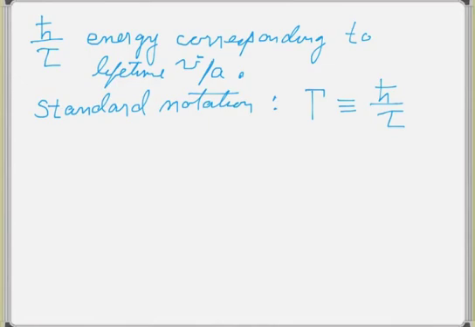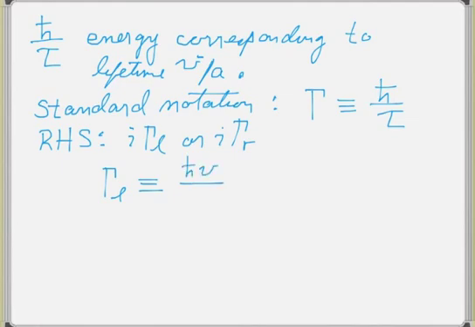So the right-hand side of our equation is going to become i gamma L, or i gamma R, where gamma L is h bar left velocity over a, and gamma R is h bar right velocity over a.